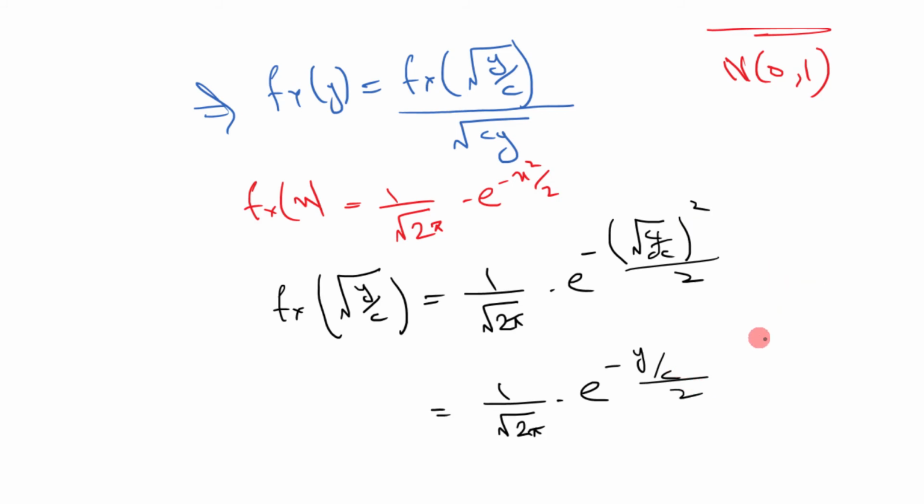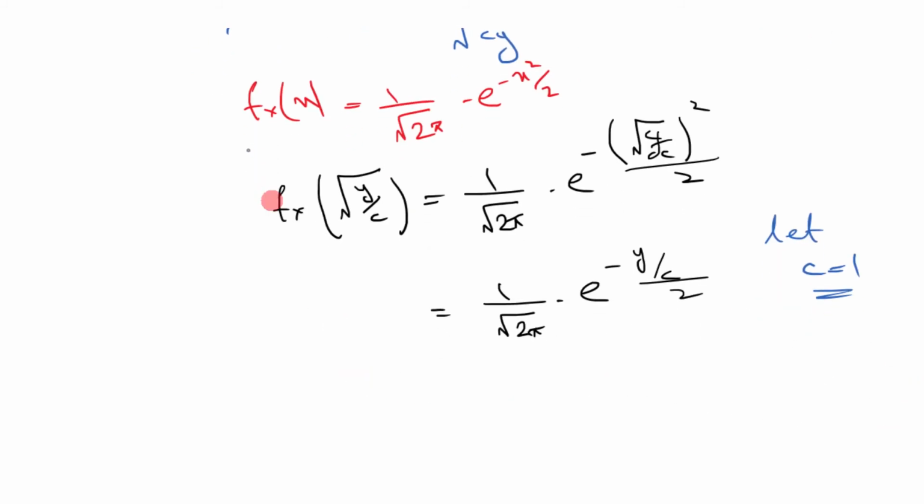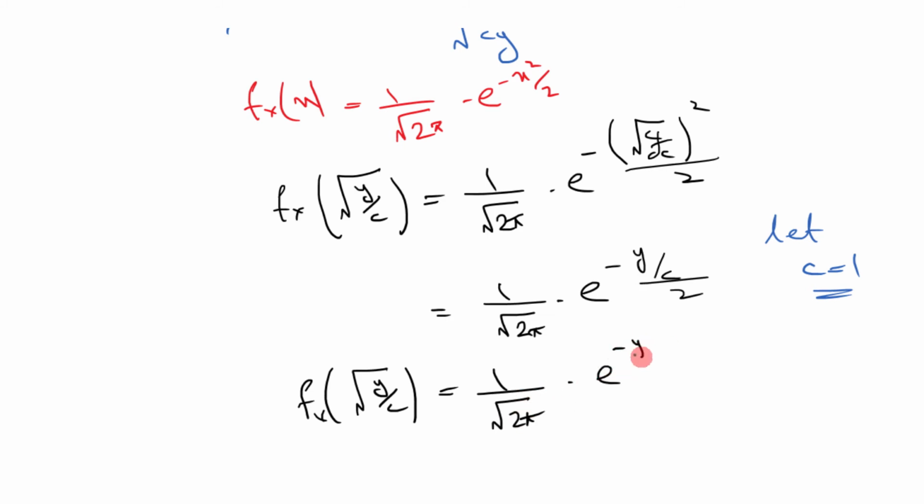For simplicity, let us assume that our c is equal to 1, it is a constant, then fx of under root y over c will be equal to 1 over under root 2 pi into e raised to power minus y by 2.